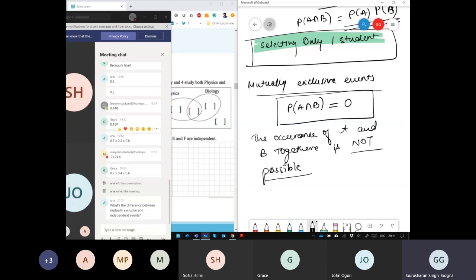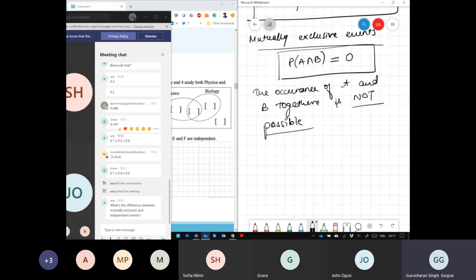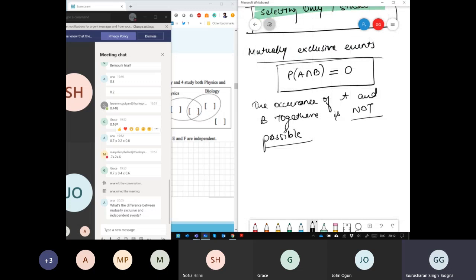Simple. Occurrence of A and B together is not possible, and that is called mutually exclusive events. Okay, so probability of A intersection B is 0.